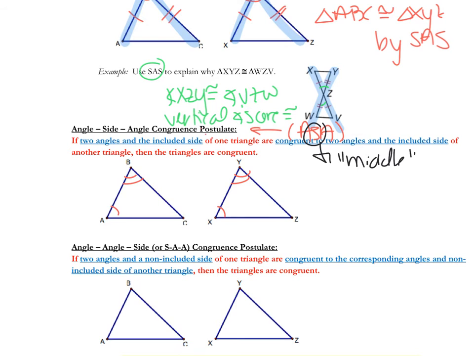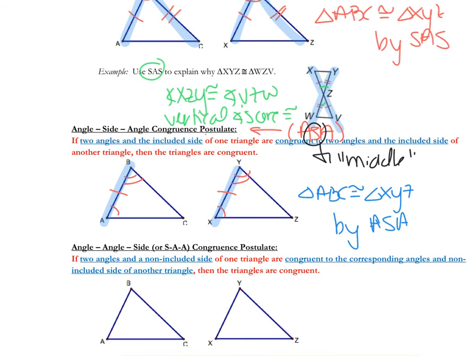The one in the middle, between the two angles, angle, side, angle. So we would say that triangle ABC is congruent to triangle XYZ by ASA. A stands for angle, S stands for side. So I have two angles congruent, and then the side is in the middle. And let's go ahead and mark my side congruent so we see that.